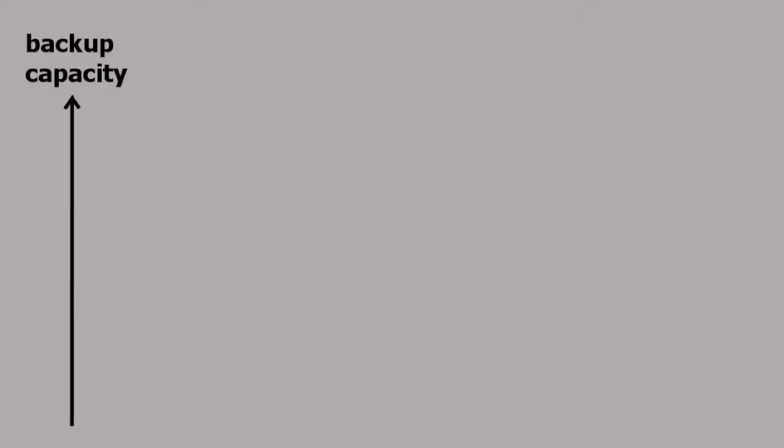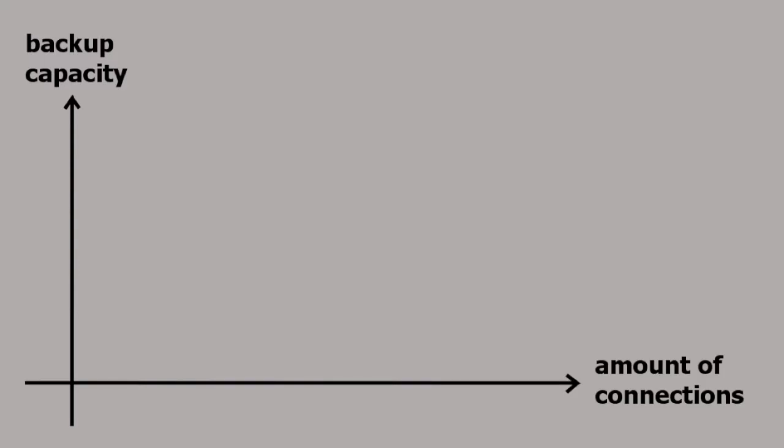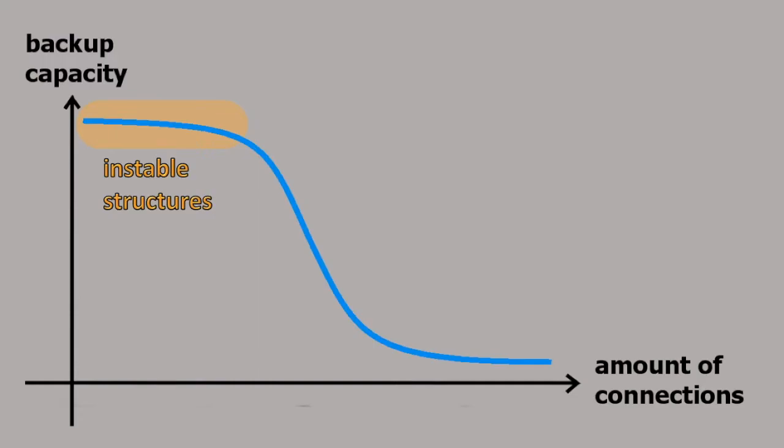Alex investigates how the backup capacity of a grid depends on the amount of connections. His results can be represented with this graph. Here we see that with few connections, the backup capacity is very high and the grid structure is unstable. With a higher amount of connections, the backup capacity is very low.